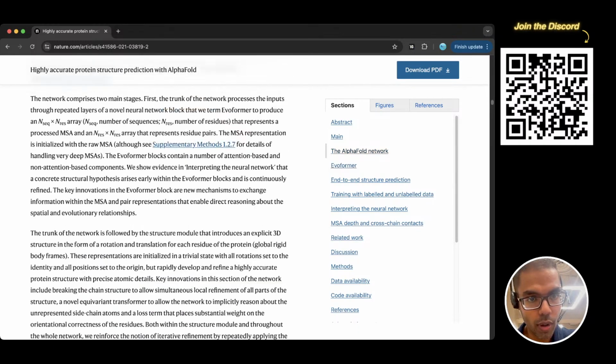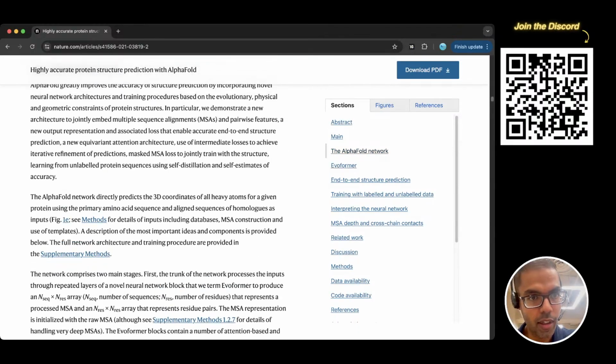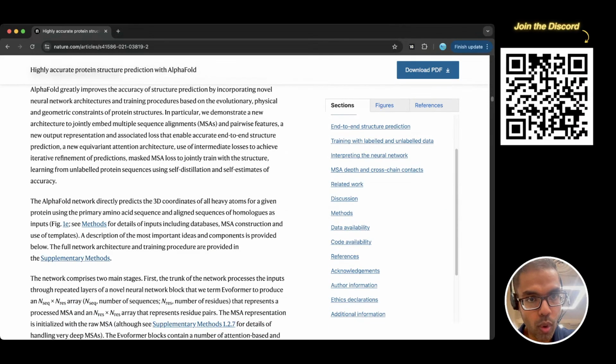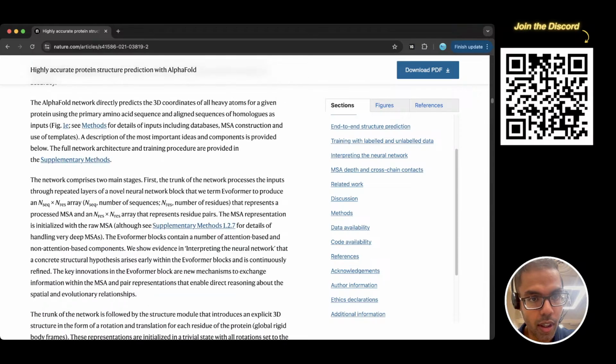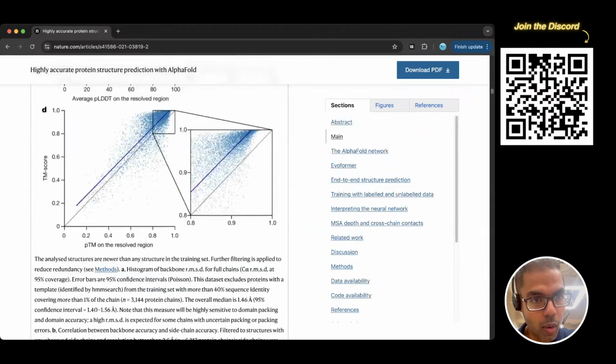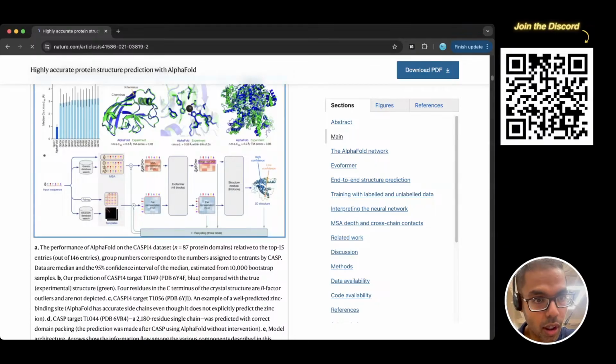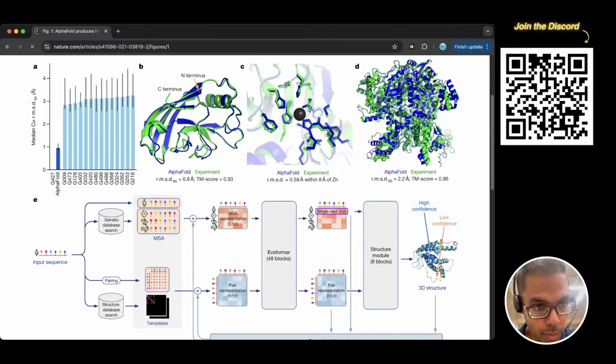What we saw in the last session is that this network takes in the input sequence and then finds two kinds of features. It does a database search for pairwise features, and also finds the multiple sequence alignments.